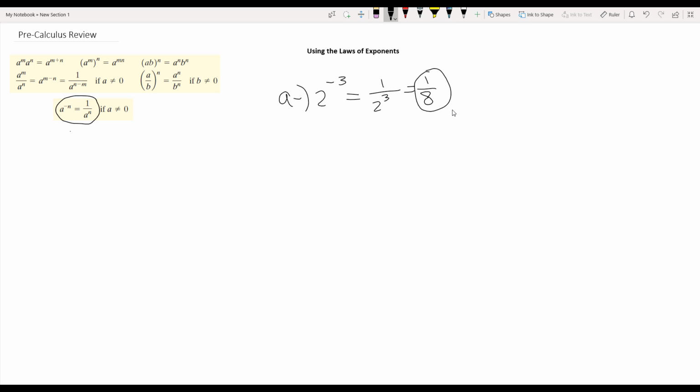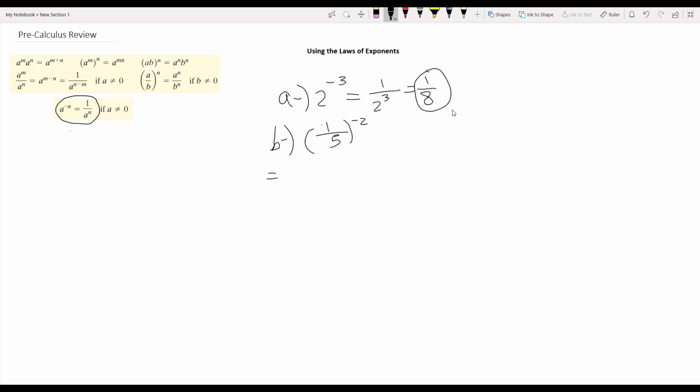So B, let's go by alphabetical order, I guess. So now we have 1 over 5 to the negative 2. Okay, so now we will do the same process, but instead of treating this as a fraction, do not complicate yourself.